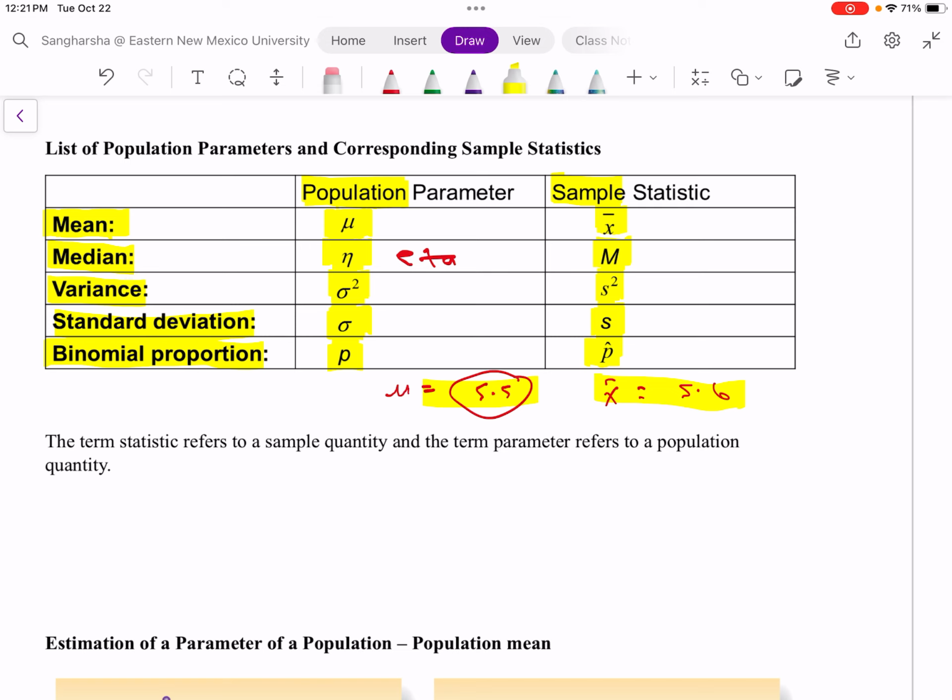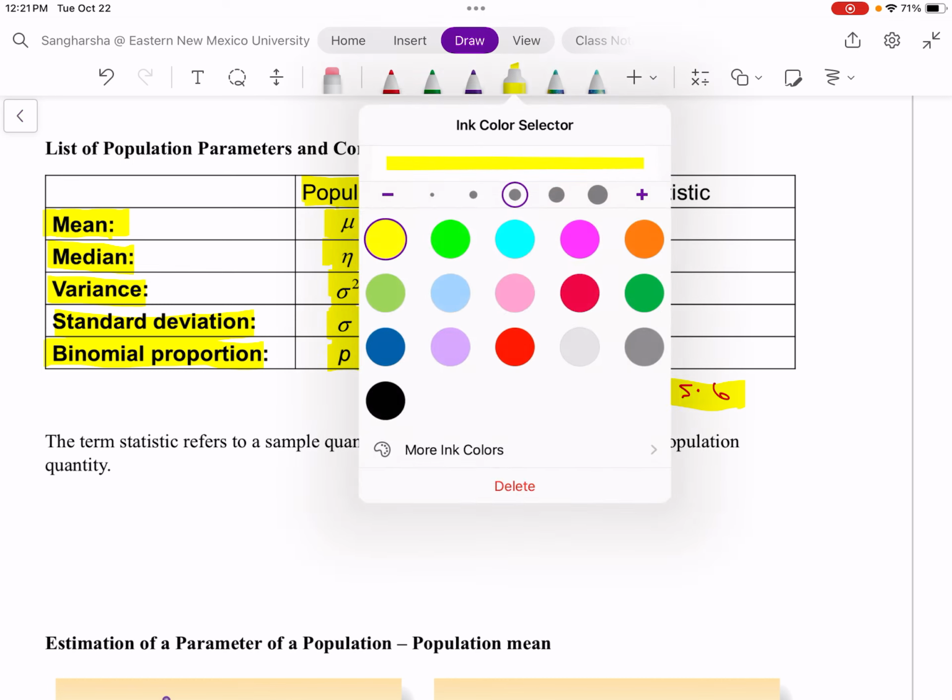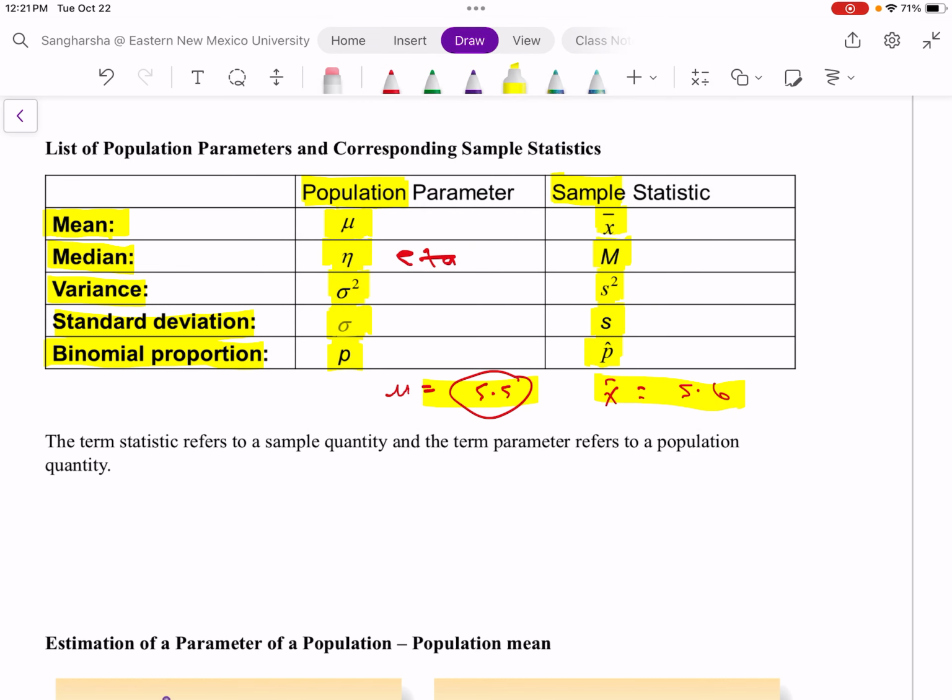Students of ENMU is the sample. Population of United States is the population. So we use mu to describe a population. We use x bar to describe a sample. In a similar way, we use sigma to describe the standard deviation of our population. We use s to describe the standard deviation of a sample.